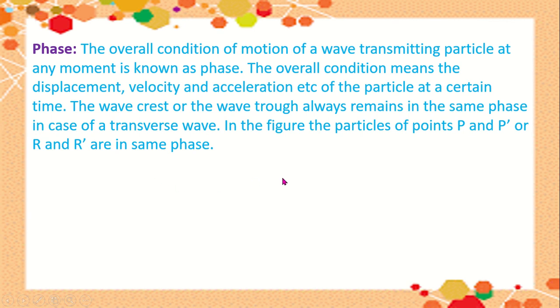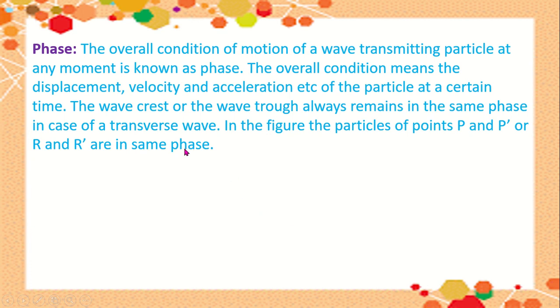Phase. Now I will explain phase. The overall condition of the motion of a wave transmitting particle at any moment is known as phase. Its Bengali meaning is dasha. The overall condition means the displacement, velocity and acceleration, etc. of the particle at a certain time. The wave crest or the wave trough always remains in the same phase.